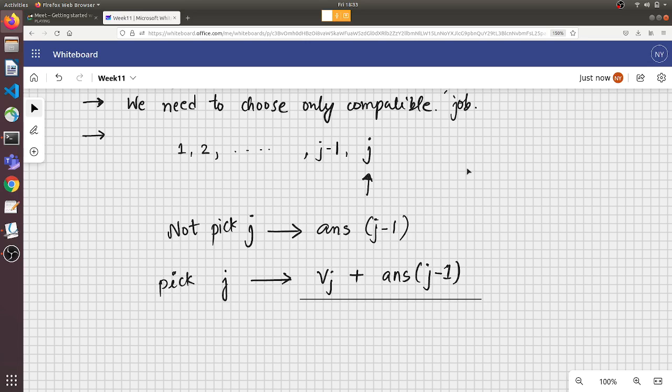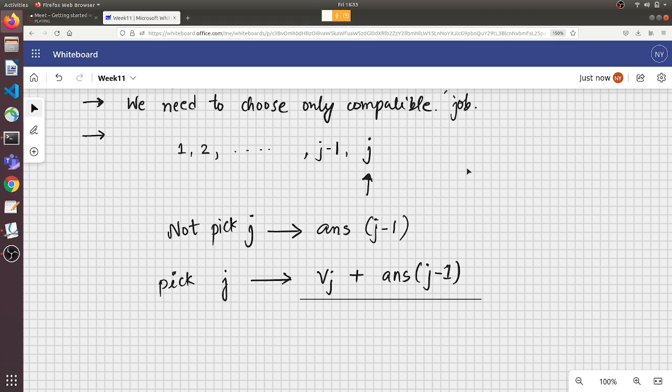The values at the left of these will be the jobs that are not overlapping. So we can do something like j minus the index difference to return the answer till those jobs.